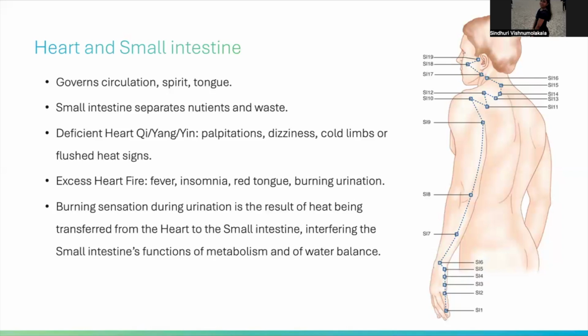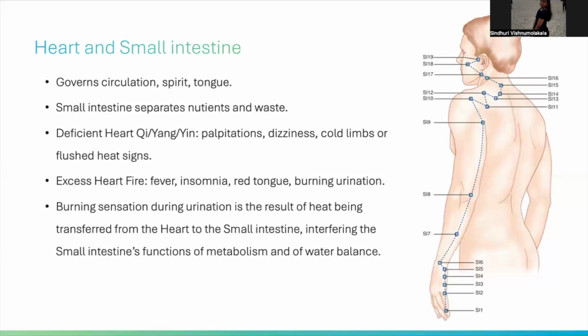Excess fire of the heart is associated with fever, sometimes accompanied by delirium, a racing pulse, and intense restlessness, insomnia, or frequent nightmares, a bright red face, a red or blistered and painful tongue, burning sensation during urination.